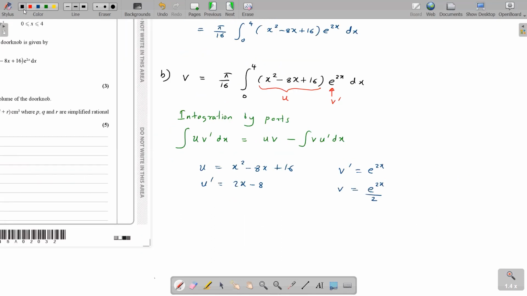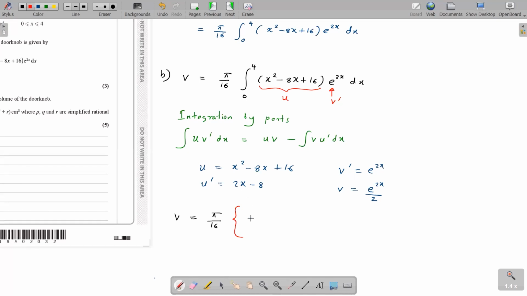So let's input the values here. Volume equals pi over 16. Okay, so how do we integrate? I'm going to use the rule here, so I'll use a big curly bracket over here: uv minus integration v u dash. I have written the uv, all the values that we want are written at this point.